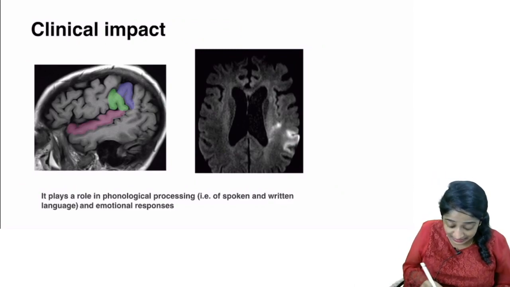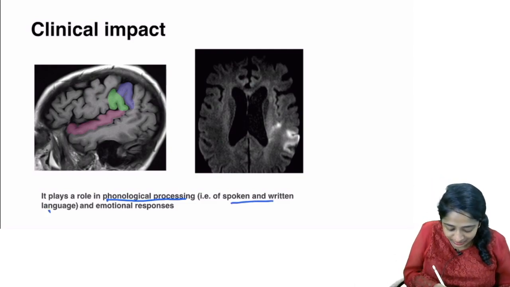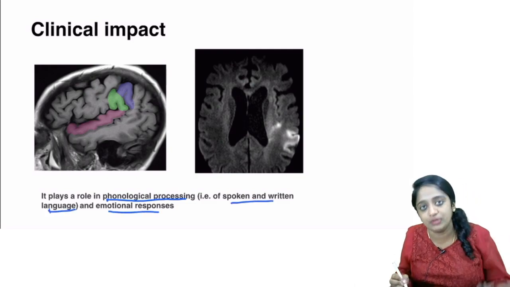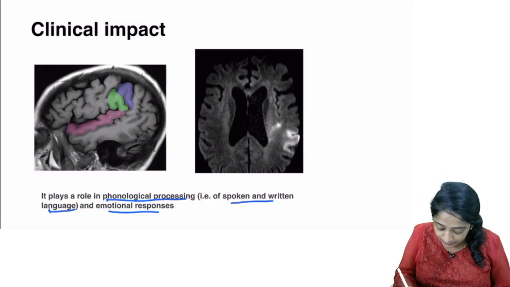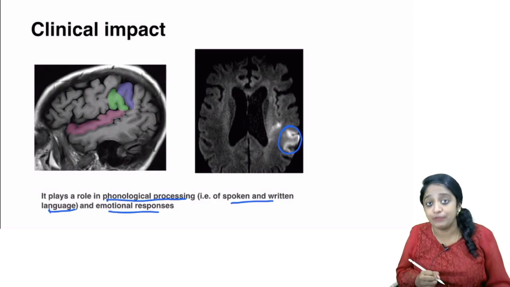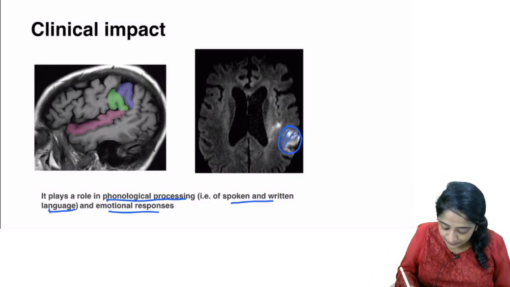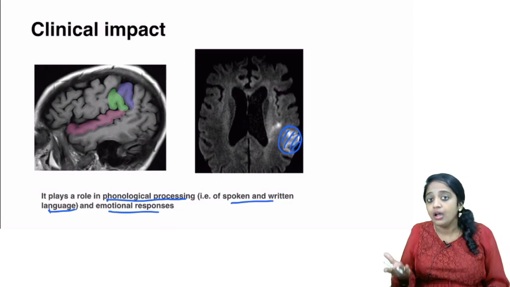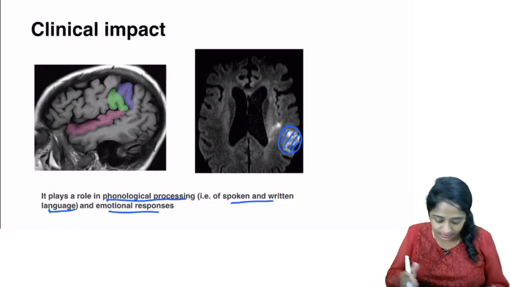Its function lies in the phonological processing, that is of the spoken and written language, and also in the emotional response. So when you get a classic infarct affecting these areas, these functions are affected. So this is a classic image showing infarct affecting the supramarginal gyrus. As you can see in an axial image, it is located far lateral, right?